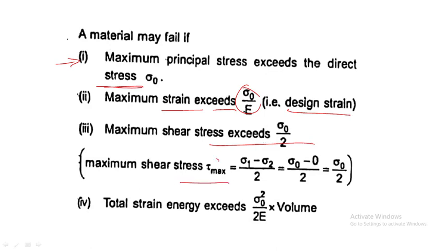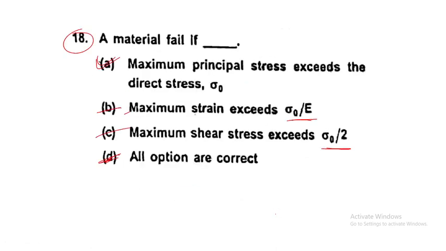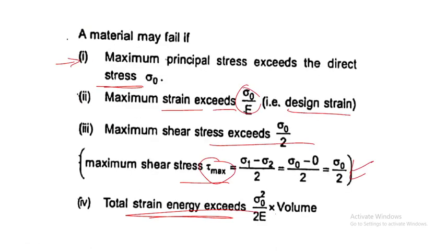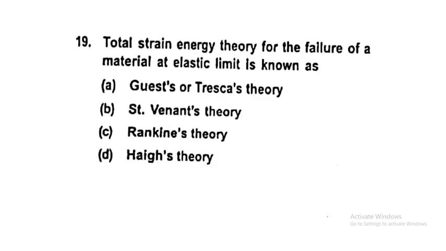That is tau 1 minus tau 2 by 2, tau naught minus 0 by 2. So tau naught, that is the initial, by 2, right. Total strain energy exceeds, right. So these are the formulas and values you have to remember. These are the concepts you have to remember.